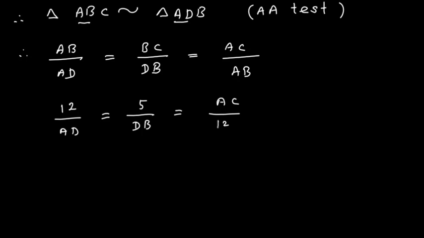Here we have a problem: if I take any two ratios, I get two unknowns.